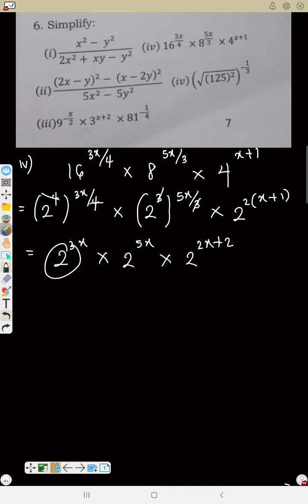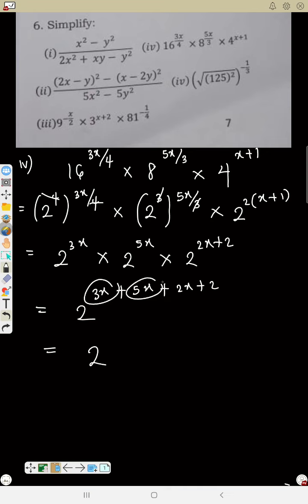So the bases are equal. So take 1 base and add the powers: 3x plus 5x plus 2x plus 2. That will be 2 raised to power 3 plus 5 plus 2, 10, so 2 raised to power 10x plus 2. So that is the answer.